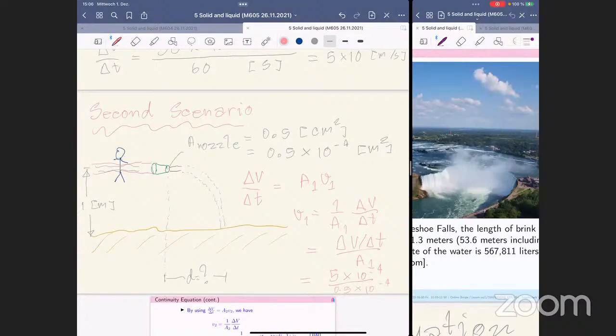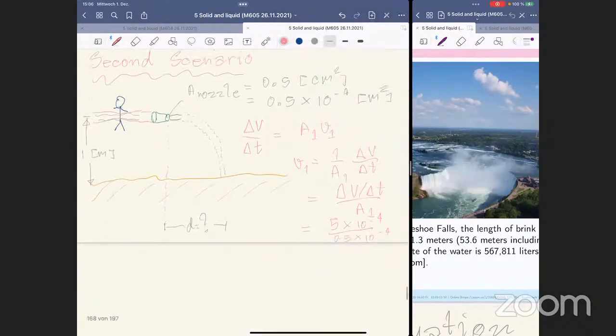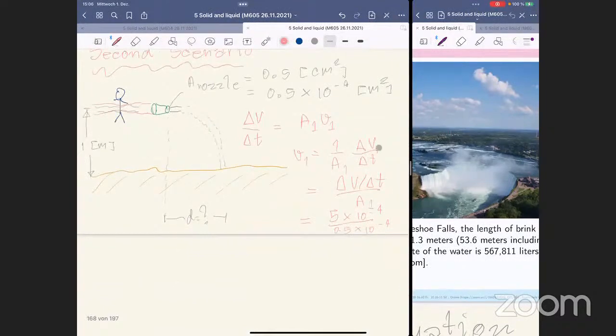Yeah, we have to open a new page right now. Yes, from this calculation, the division here, you get V1 is simply number 10, right? But the unit of the speed is meter per second, right? Yeah, that's the speed of the water getting out of the nozzle here, 10 meter per second.